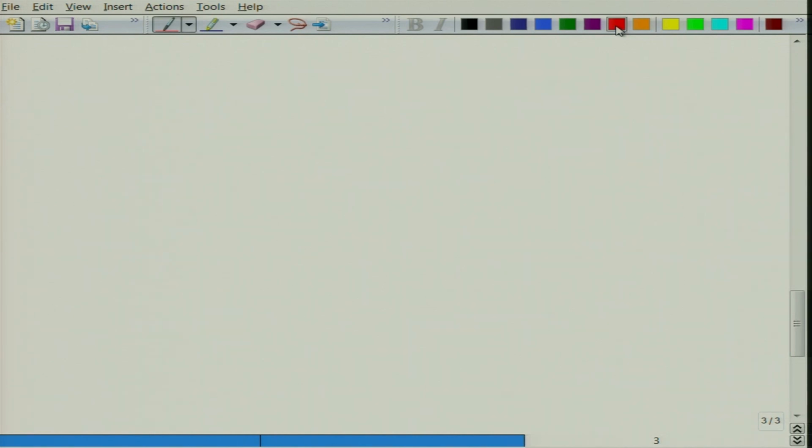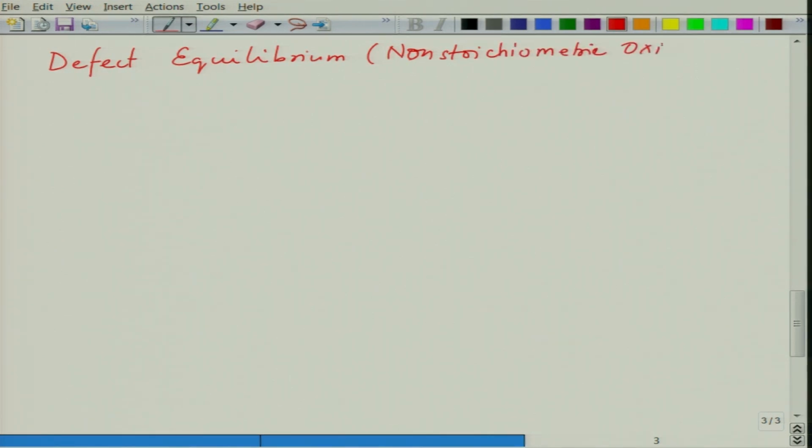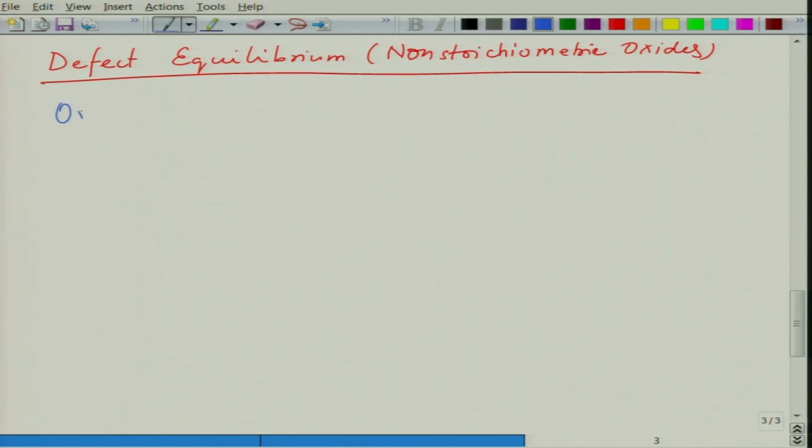We were looking at the defect equilibrium in non-stoichiometric oxides. So, we are looking at the case of oxygen deficient oxides.